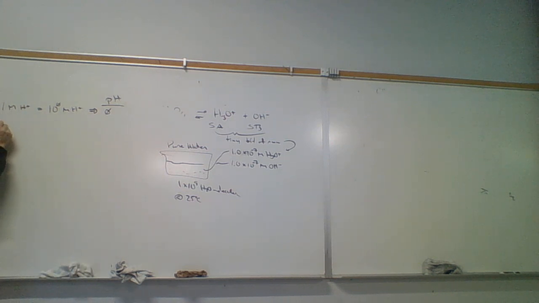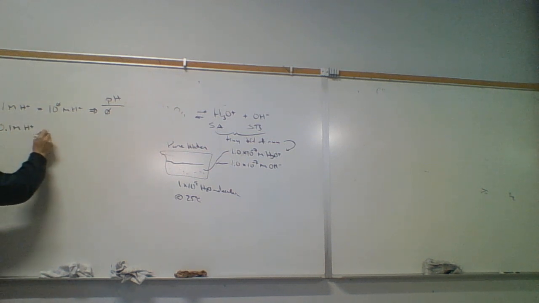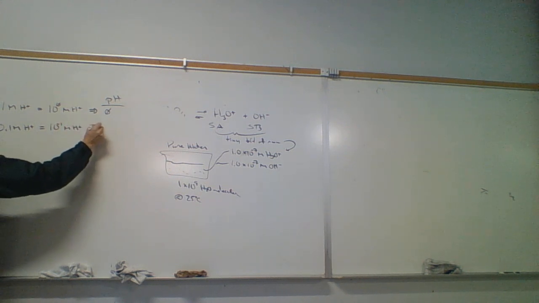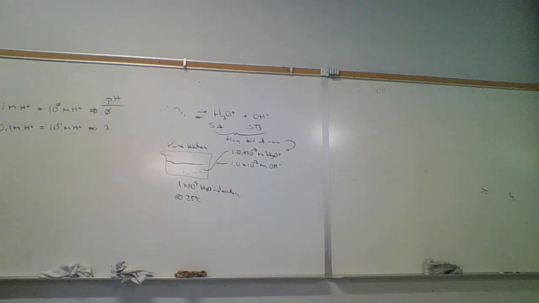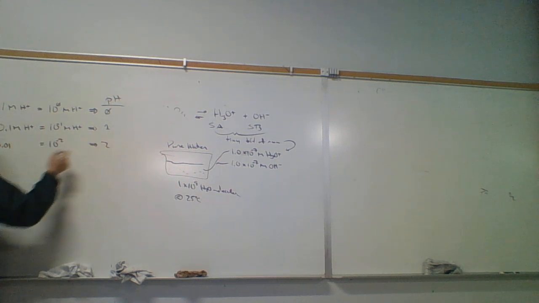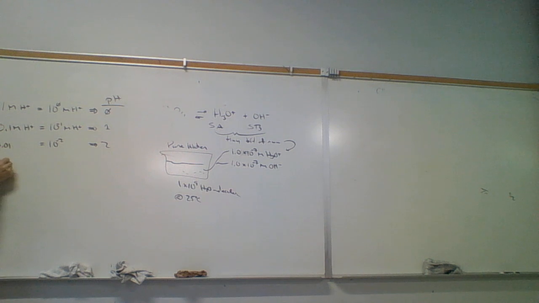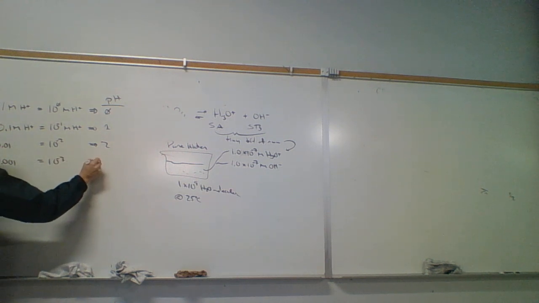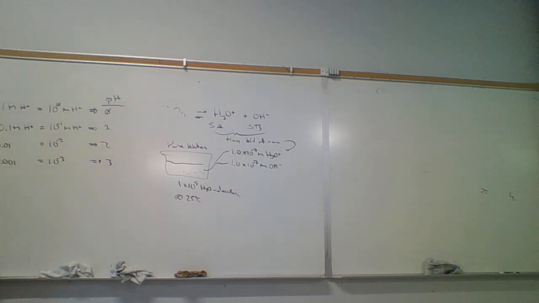Let's go to 0.1 molar H plus. 0.1 molar H plus gives me 10 to the minus 1 molar H plus, and the pH is 1. 0.01 gives me 10 to the minus 2, which means the pH is 2. 0.001 is 10 to the minus 3, which gives me a pH of 3.